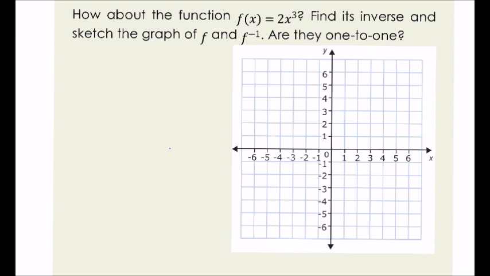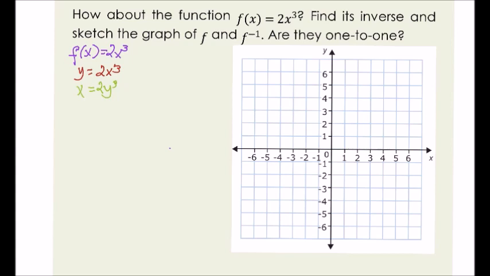Let's get the inverse of f of x first. We have f of x equals 2x cubed. Now we replace f of x with y equals 2x cubed. Exchange x and y: x equals 2y cubed.